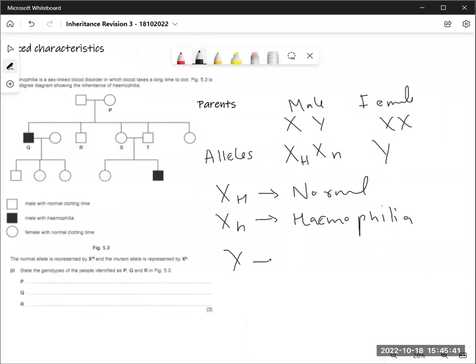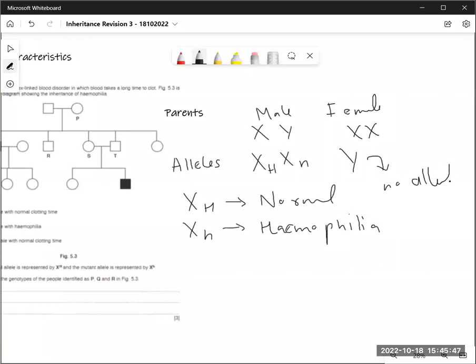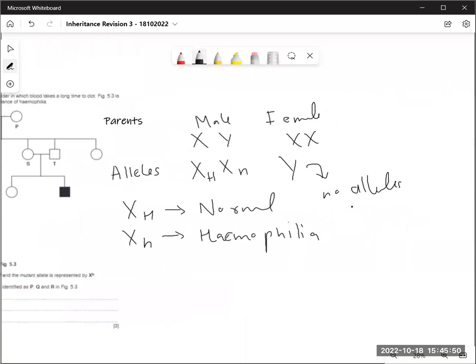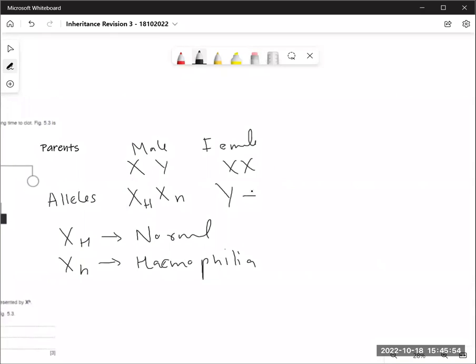Y, we'll write Y, no types, or no alleles. Why no alleles? Write this in your notebook in front of here. No alleles because too short.